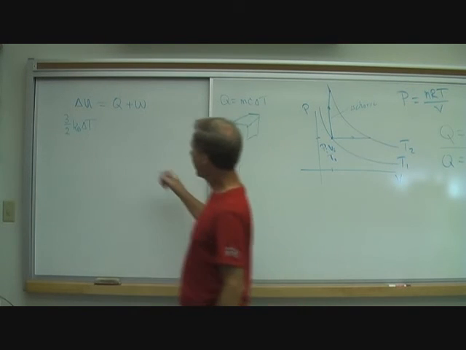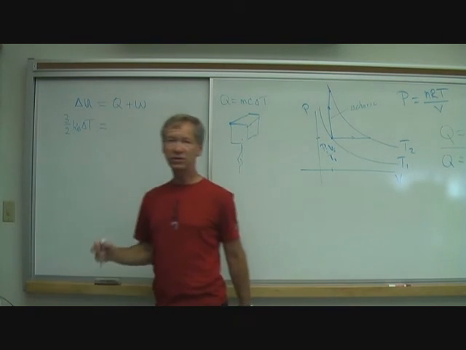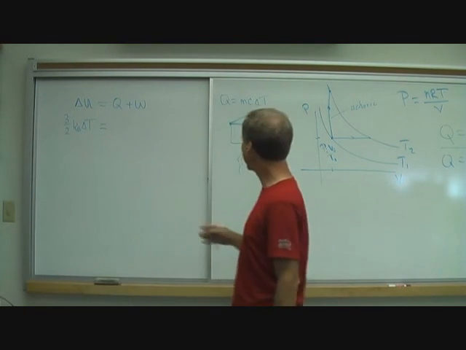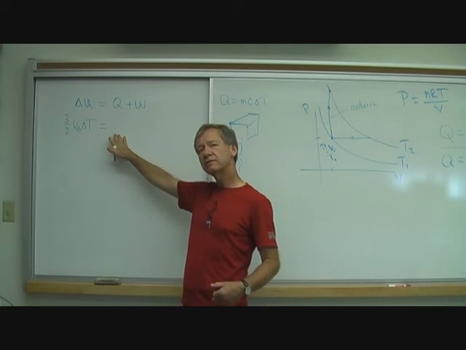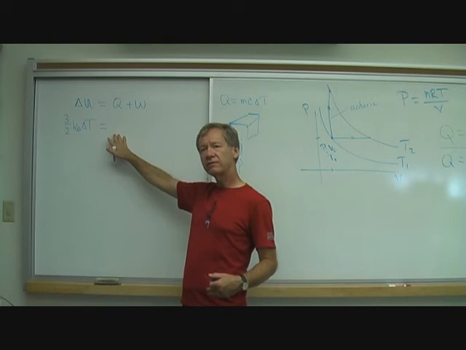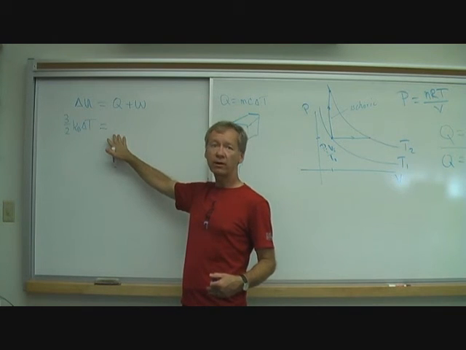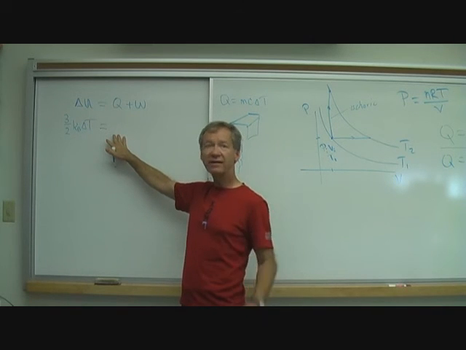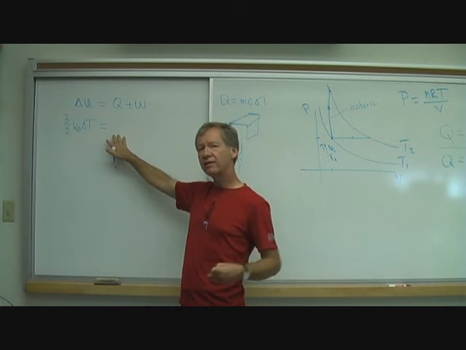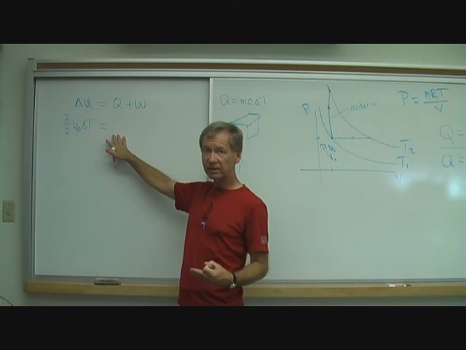All right, so that equals, well, let's use now the equation that we wrote down for the heat that will be absorbed, the linear relationship for this ideal gas in a constant volume process.